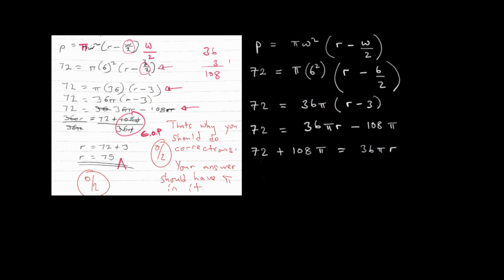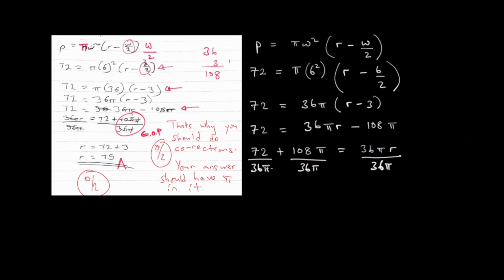We are going to divide everything by 36 pi. Dividing everything by 36 pi is the same as multiplying everything by 1 over 36 pi. It's a technicality. If you understand it, thank you. If you don't, don't worry.